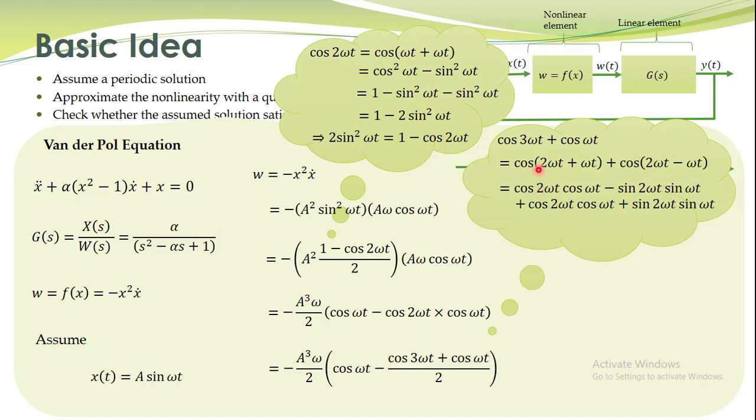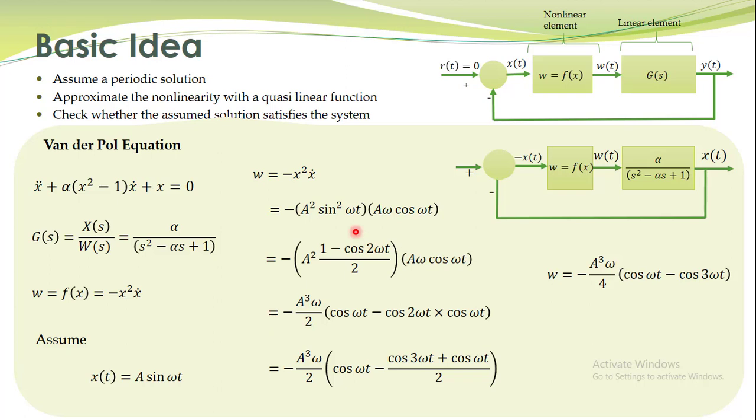By using the identities, you have cosine 2 omega t into cosine omega t minus sine 2 omega t into sine omega t. This thing expanded, and likewise this thing expanded, you have this one. This term cancels out with this one, so you have 2 multiplied by this thing. So this thing is equal to this thing, which is written over here.